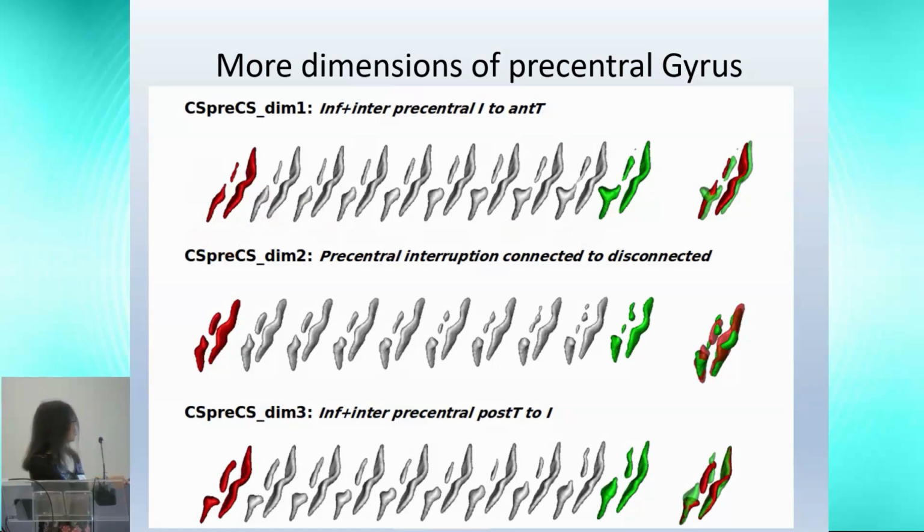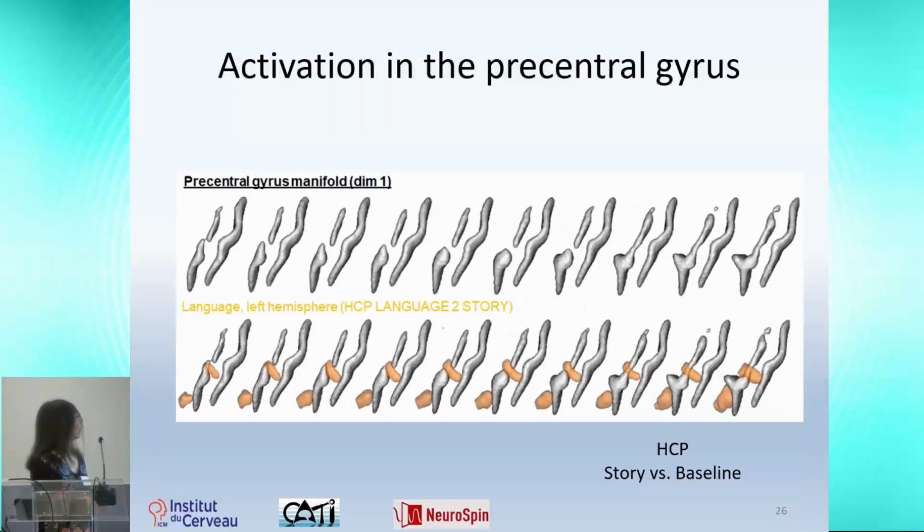And the second one is, it looks like the precentral sulcus is more interrupted. And the third dimension, you can see it's like a nail, kind of a little nail form, to a more I configuration.